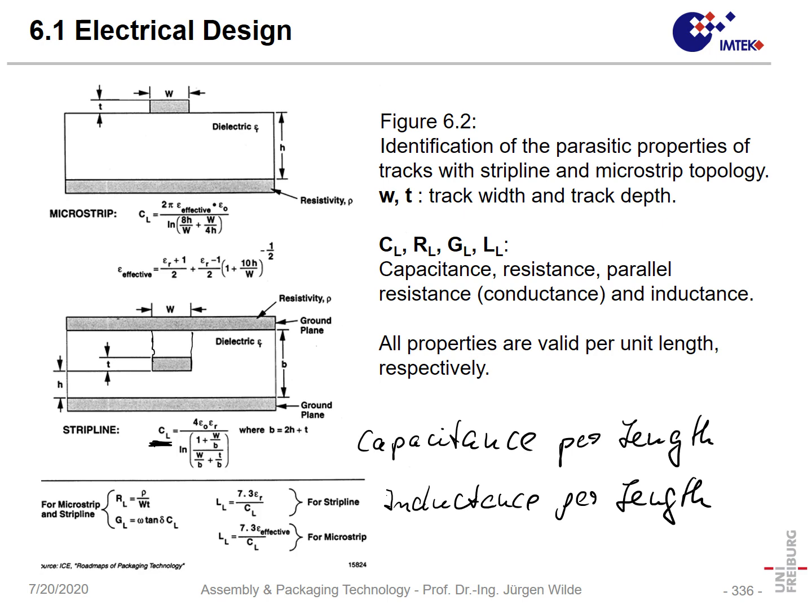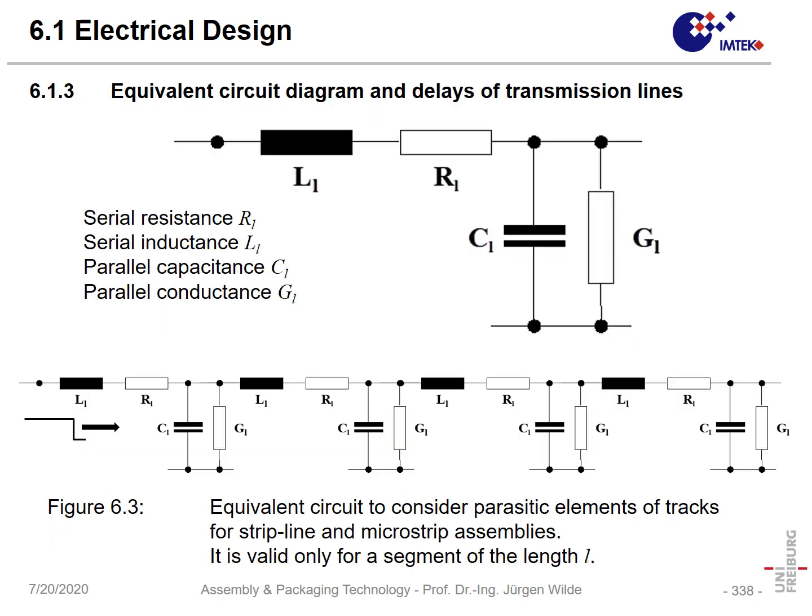They increase with the so-called tangents delta, that's the loss angle, and they increase with the capacitance per length. And that means that conductance is really a high frequency problem. It's not a DC problem, but for instance, when frequencies approach hundreds of megahertz or even hundreds of gigahertz, then it can be a severe problem.